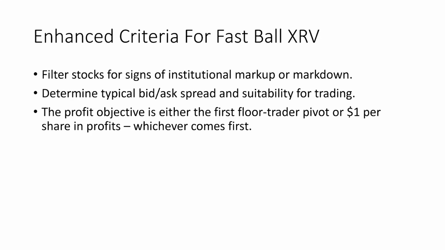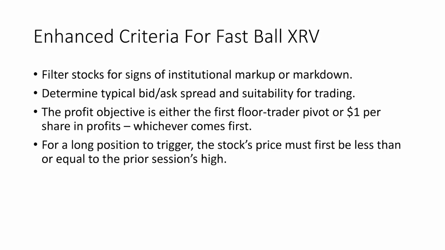It has to do with the liquidity, and I want to make sure that my ability to get in and out isn't hampered, and that the guys who subscribe to it aren't hampered either. But $1 per share has been the sweet spot, or if it hits one of those floor trader pivots, it really tends to bounce. And if you don't know what floor trader pivots are, just shoot me an email, and I will send you a little blurb on how to interpret floor trader pivots.